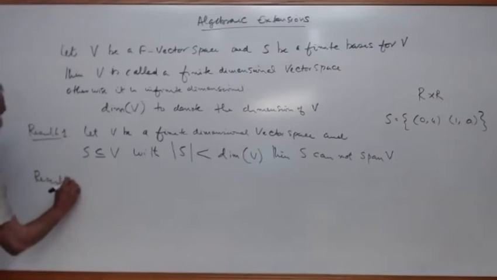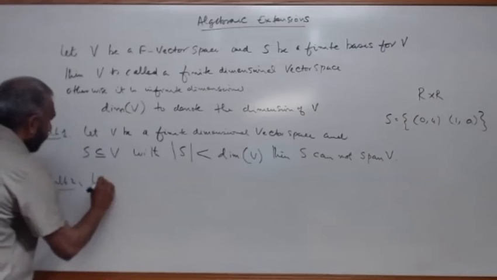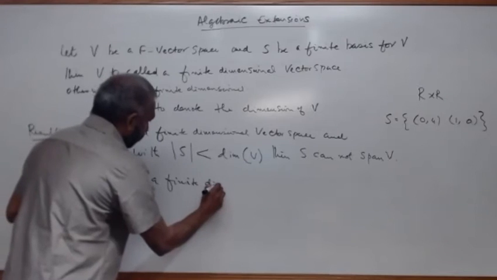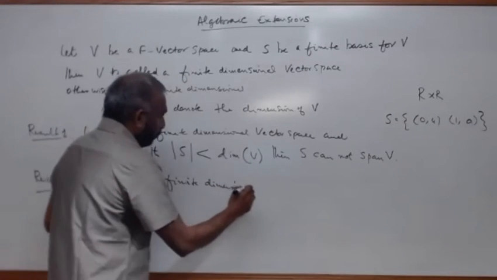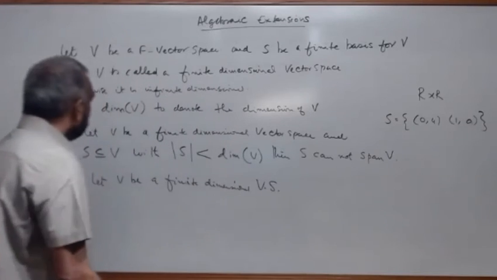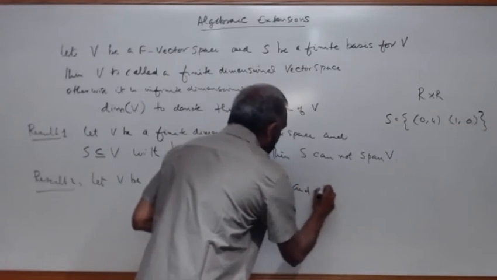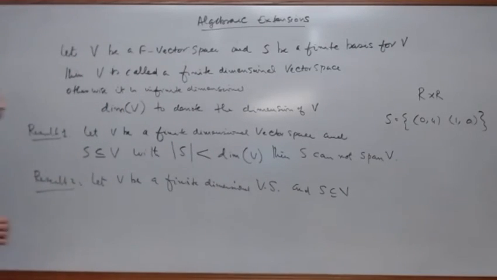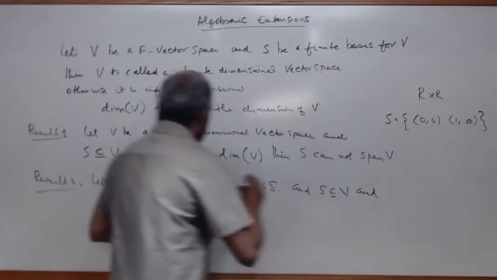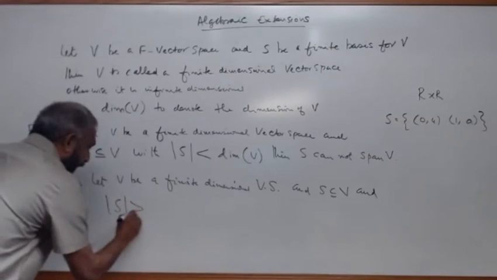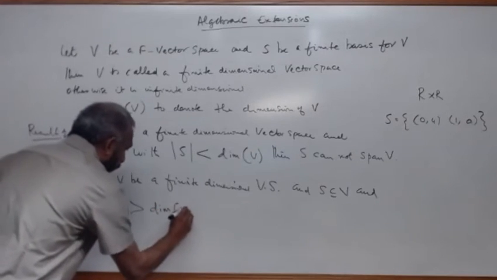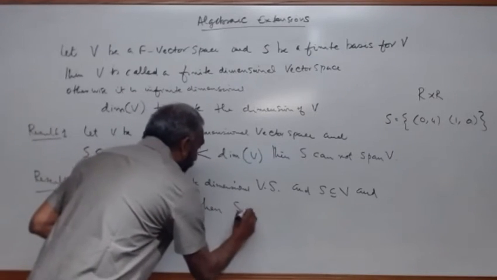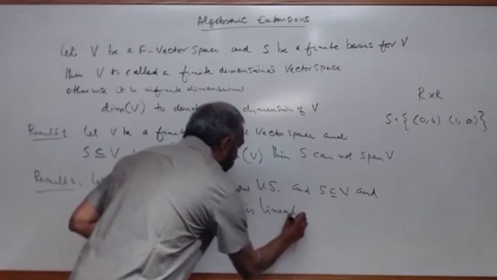Result 2. Let V be a finite dimensional vector space, and S is a subset of V, and the cardinality of S is greater than the dimension of V. Then S is linearly dependent.